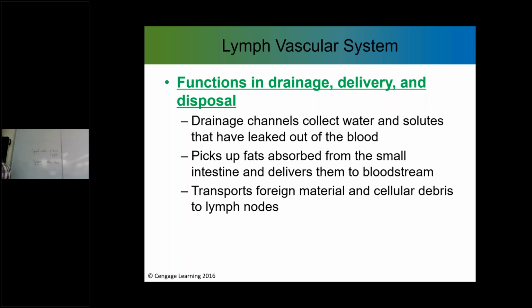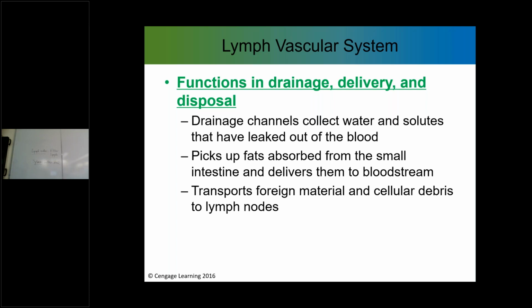Functions in drainage, delivery, and disposal, right? That's why I highlighted there. That's very important to realize that what's going on is that this liquid that's present within the lymphatic system in those lymph vessels, right? It's going to help to drain channels, collect water and solutes that have leaked out of the blood. It's going to pick up fats. It's going to deliver them back to the bloodstream.